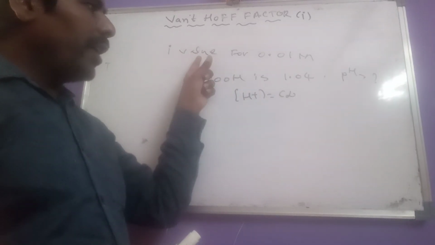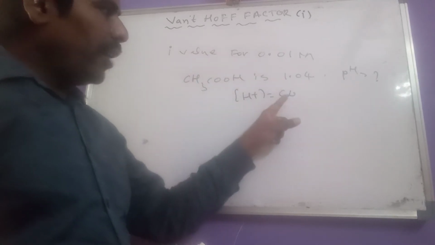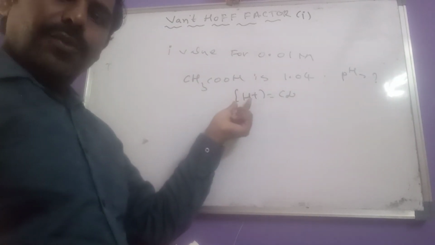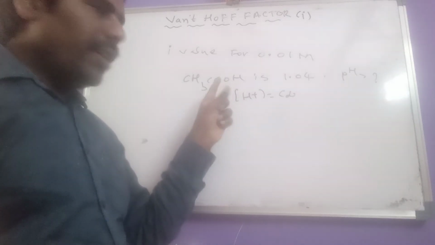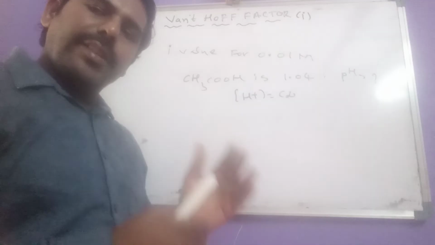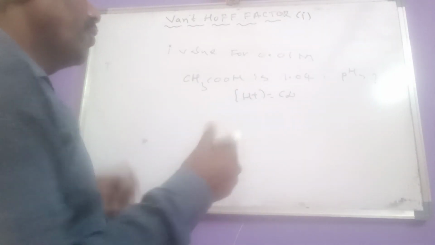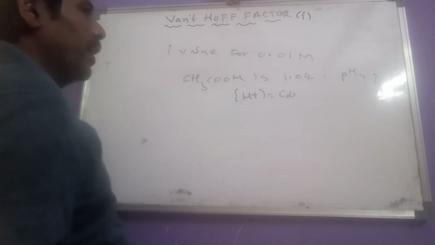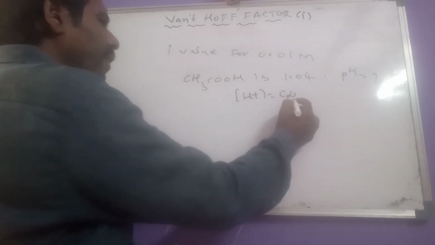So by using the i value, let us calculate alpha. By using C and alpha, we calculate H plus. By using H plus, we calculate pH. So this is the route map.